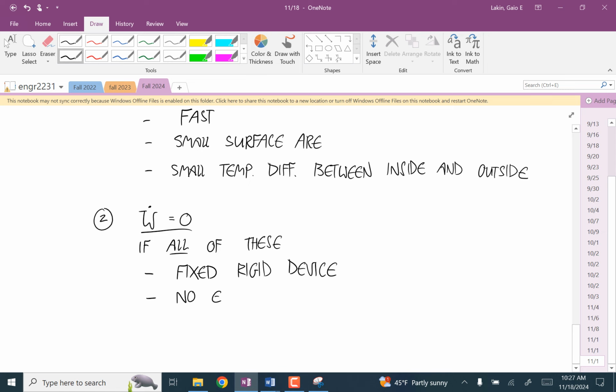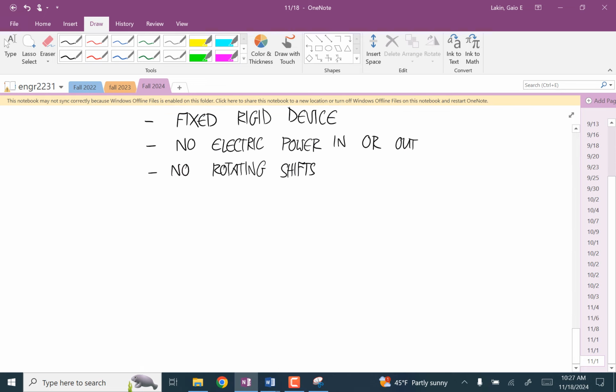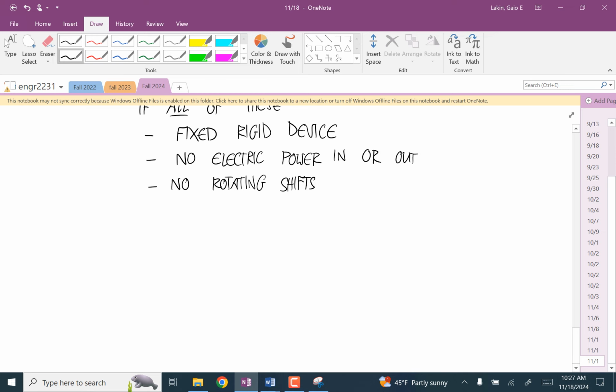Second, there's no electric power going in or out. And third, no rotating shafts, like paddle wheels or something like that. And so that's the end of part 1. That's the end of the first law. And now we're going into part 2, the second law.